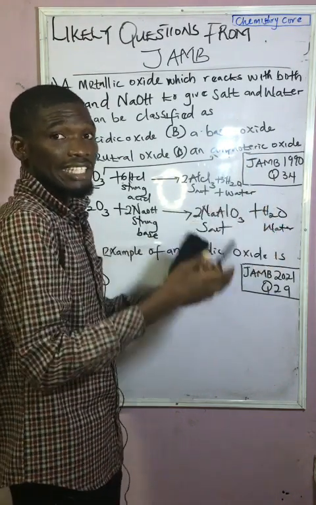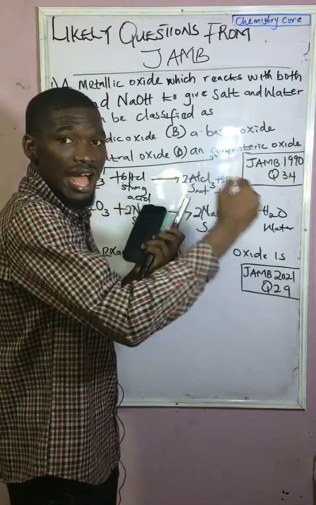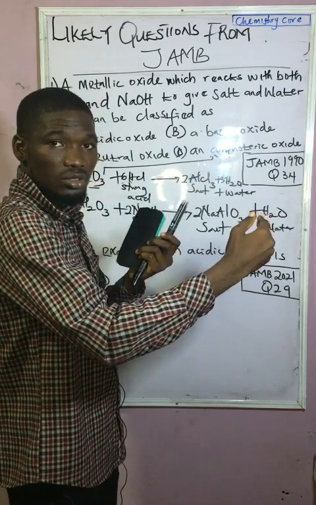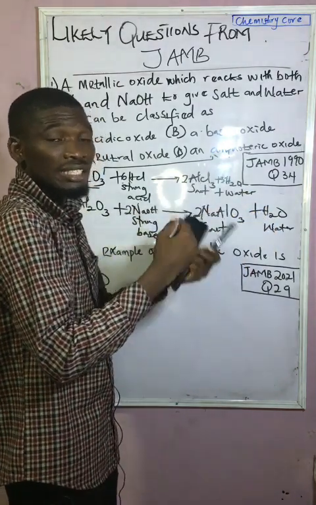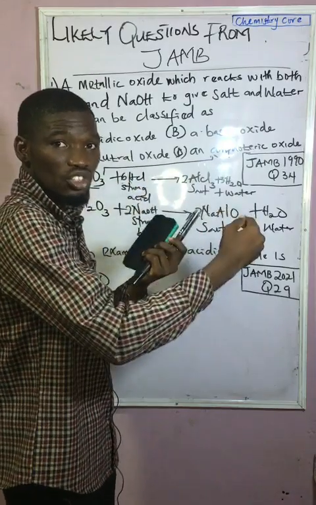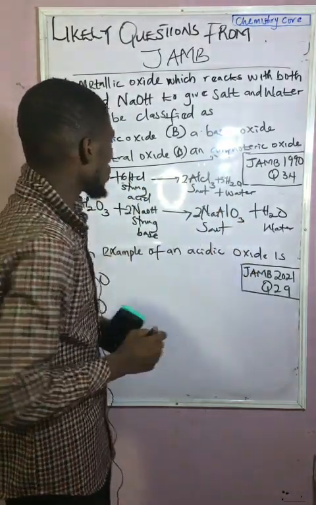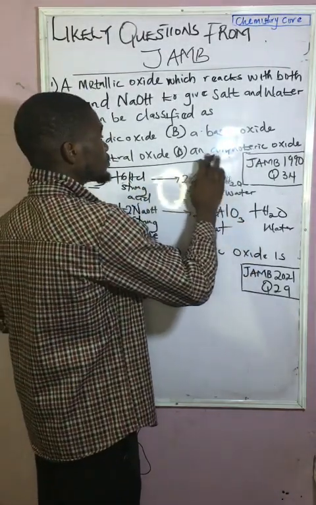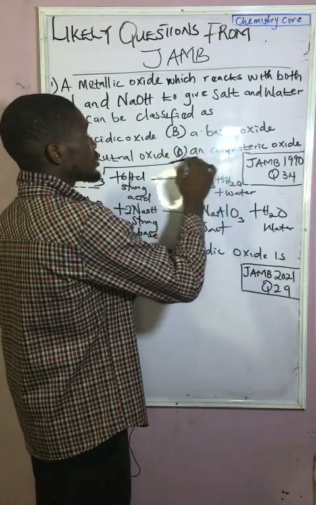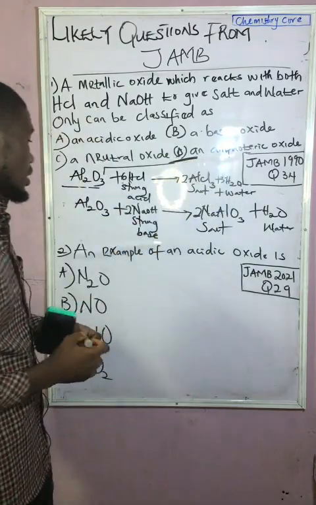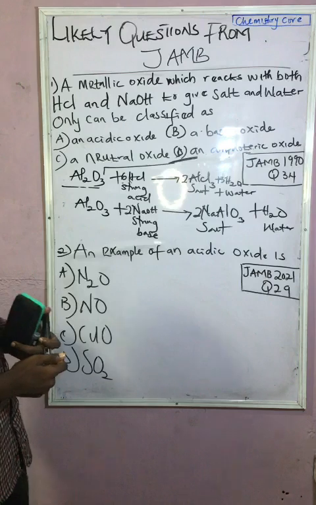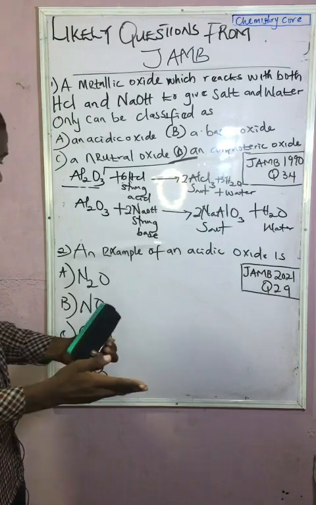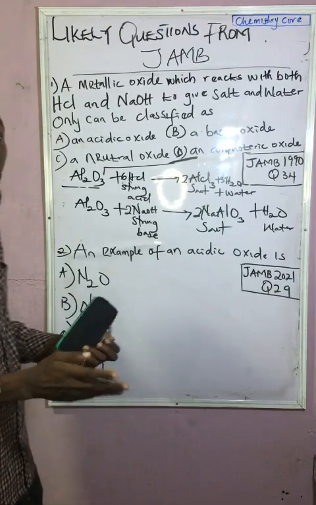That is, it can easily react with a strong acid, and can also easily react with a strong base. Is that clear now? So our answer is what? An amphoteric oxide.